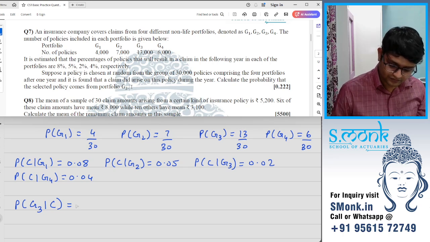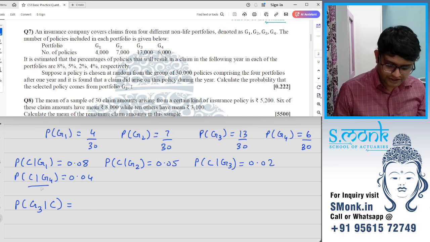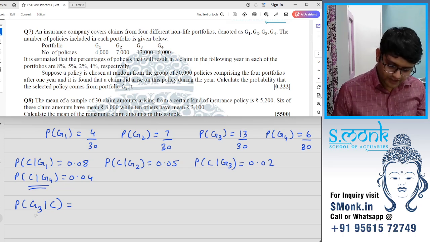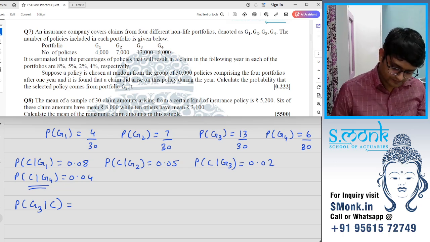Okay, so we'll use the Bayes theorem. One of the easiest ways of recognizing Bayes theorem: the given information was like this, C given G3, C given G4, and we are trying to find G3 given C. So we'll use Bayes theorem.